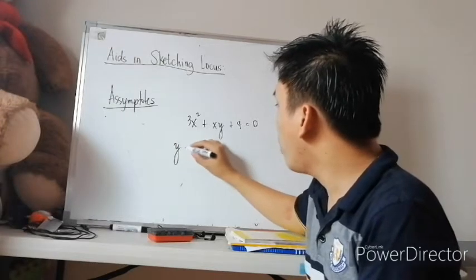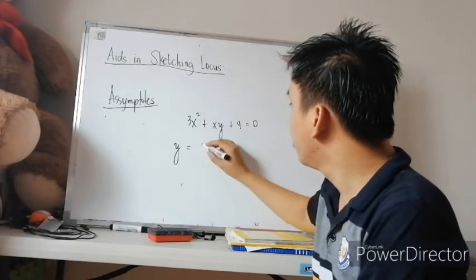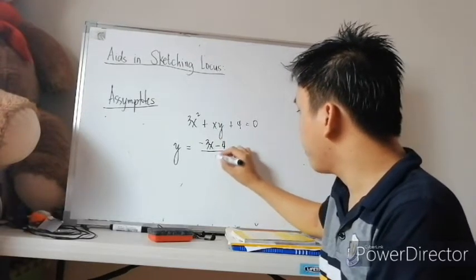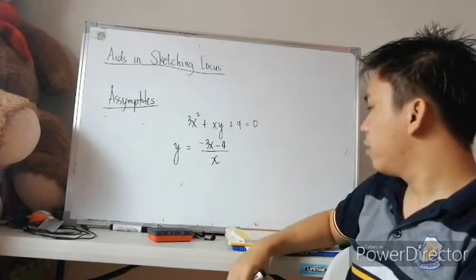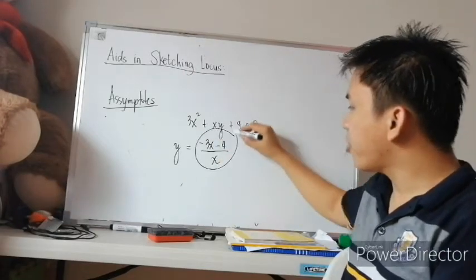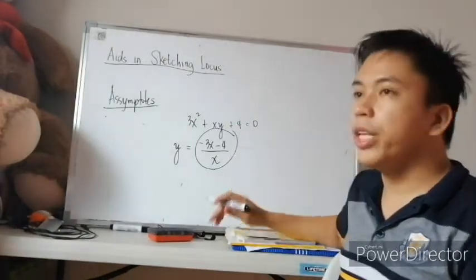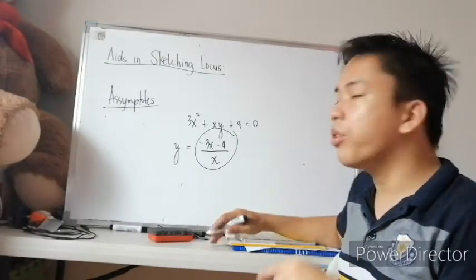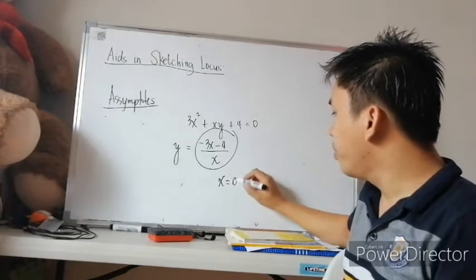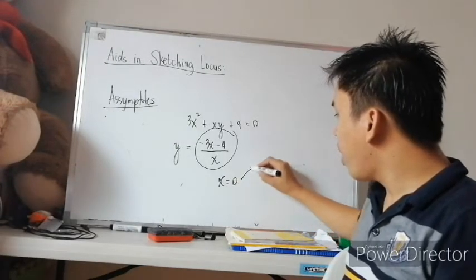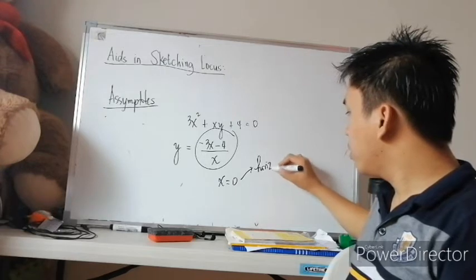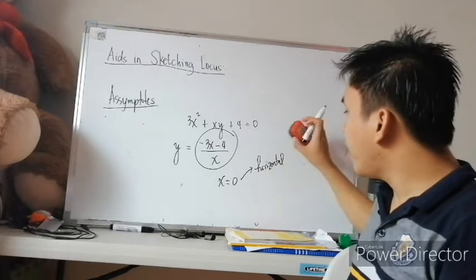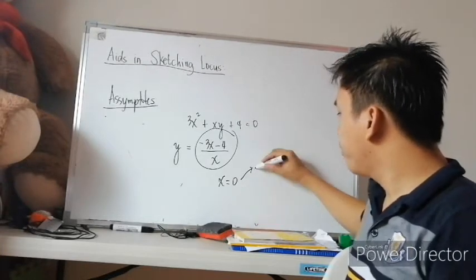So you'll have y equals negative 3x minus 4 over x. So the resulting expression is a rational expression. The rational expression has a denominator of 0 when x equals 0. So therefore, this is the vertical asymptote of the graph.